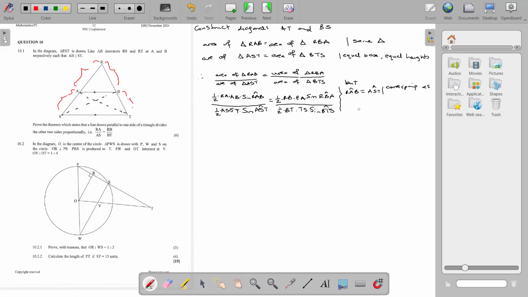Which sides are parallel? We are given that AB is parallel to ST. And again, the angle RBA will be equal to the angle BTS.